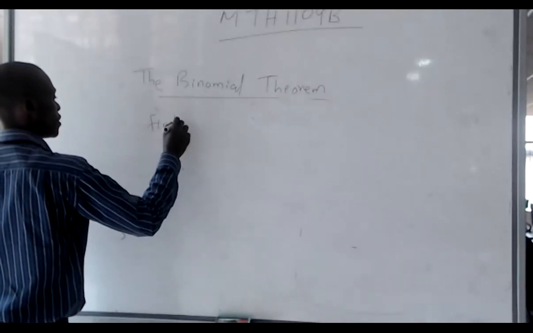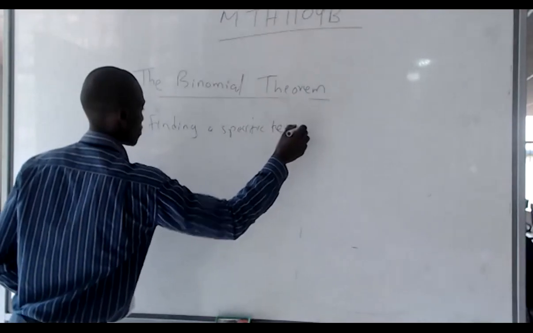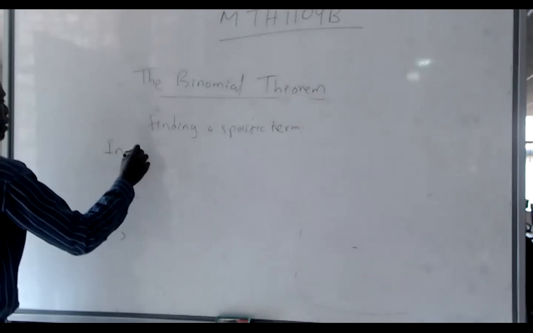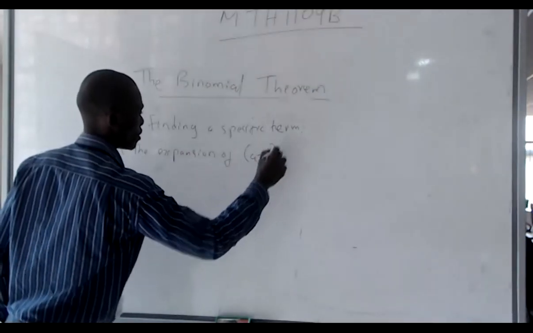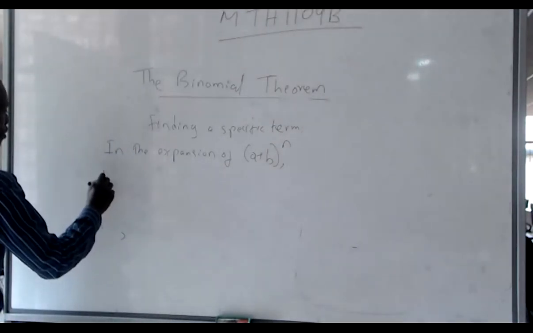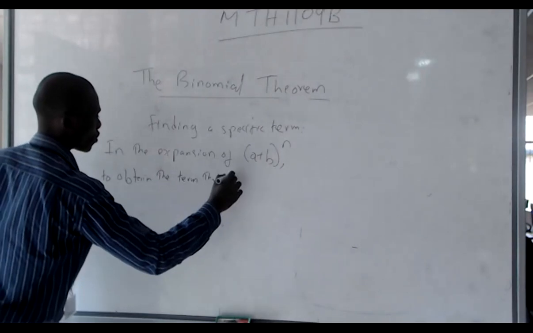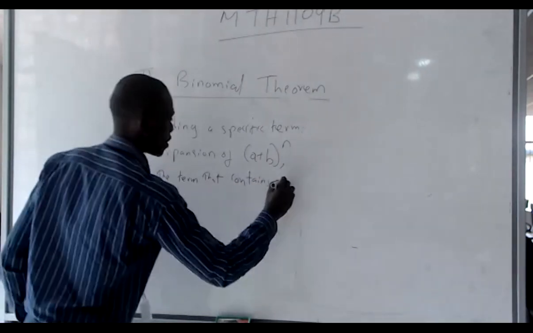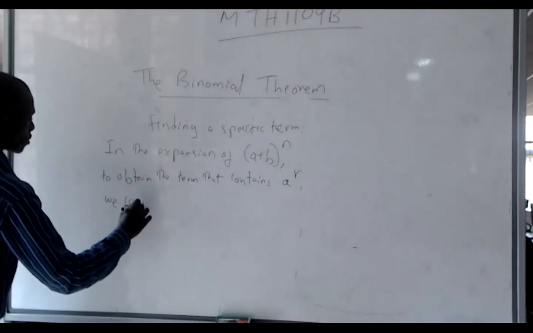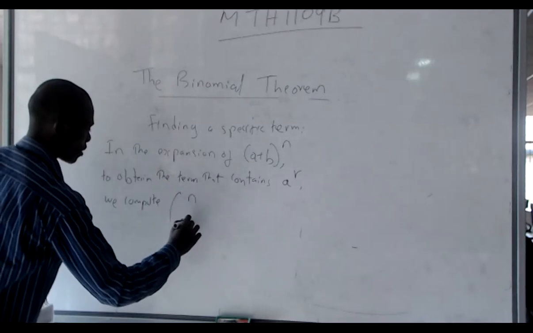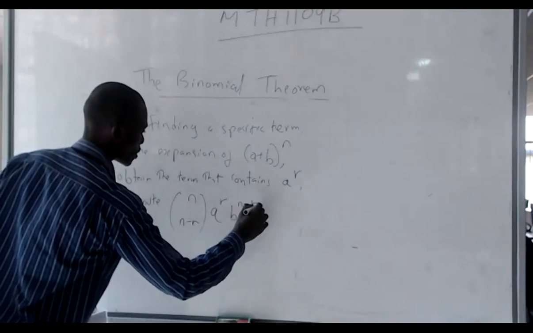So generally, in the expansion of (A + B) to the N, to obtain the term that contains A to the R, we compute N combination (N − R), A to the R, B to the (N − R).